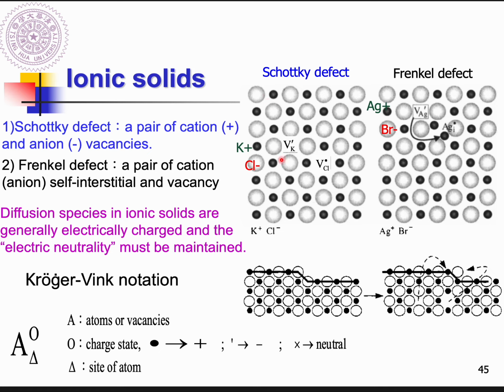A Schottky defect means a pair of cation and anion vacancies are created together, so we always have the same number of potassium vacancies and chloride vacancies, and the potassium ion and chloride ion are moved to the surface of the ionic material.